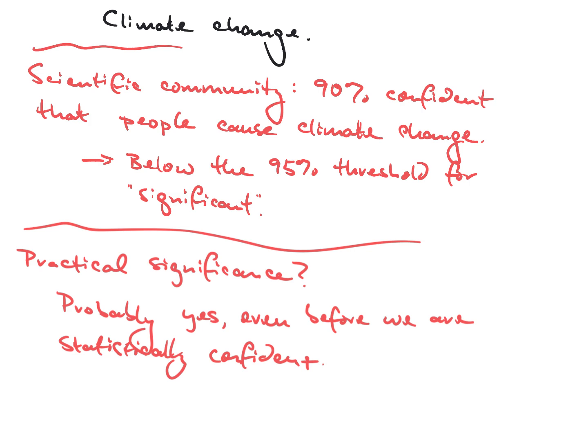Is it worth intervening and cutting back on carbon emissions, even if there's a 10% chance that strategy is wrong, 90% chance the strategy is right? Sorry, let me say, 10% chance cutting back carbon emissions is costly and does nothing, versus a 90% chance that cutting back carbon emissions is costly, but it has a large benefit to society. Okay?